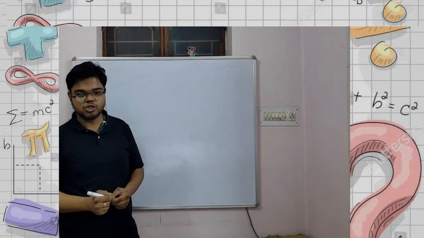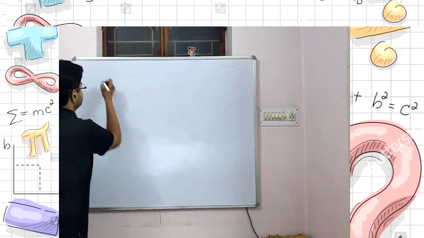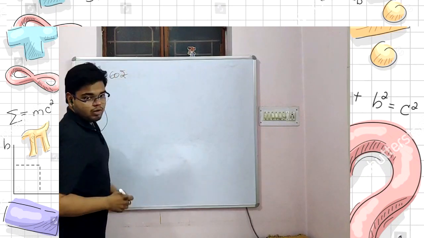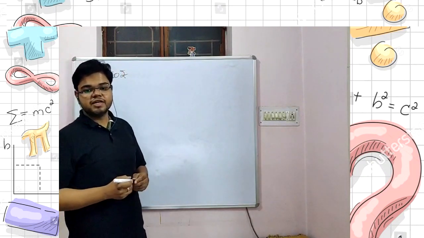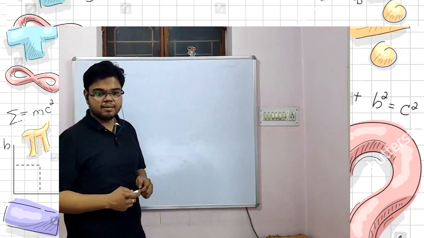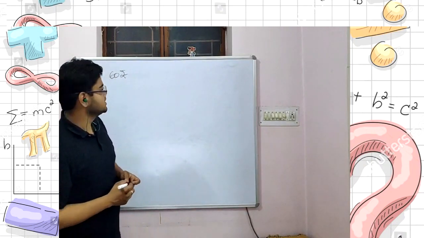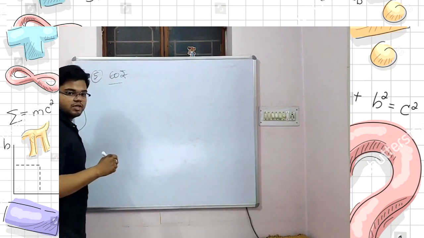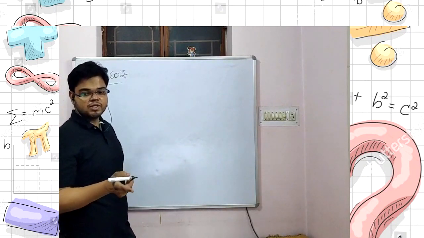Now children, question number 5. Divya has 60 rupees in her wallet. Each day she takes out 5 rupees. What integer represents a change in the number of rupees in her wallet over 6 days? So she has 60 rupees in her wallet and she takes out rupees 5.